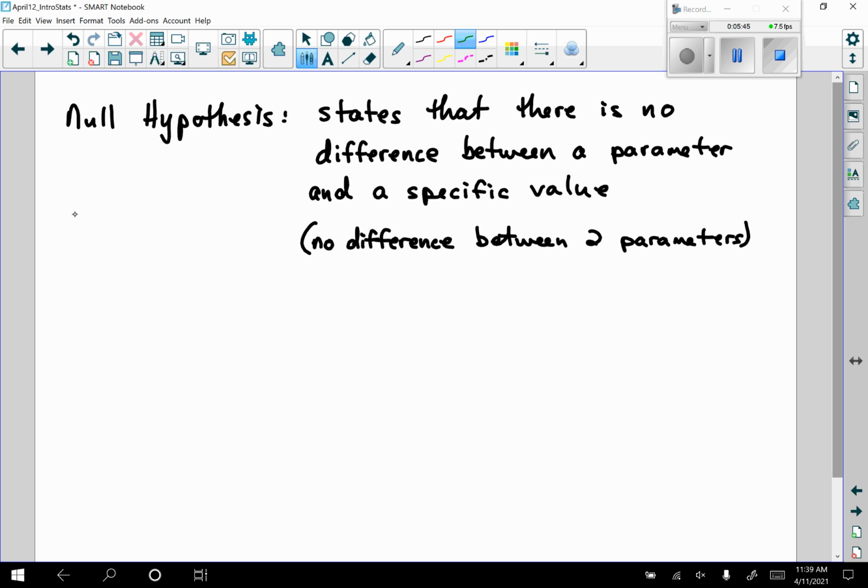The symbol we're going to use for this, for instance, if it's our population mean we're looking at, is that mu is going to equal some specific value k.